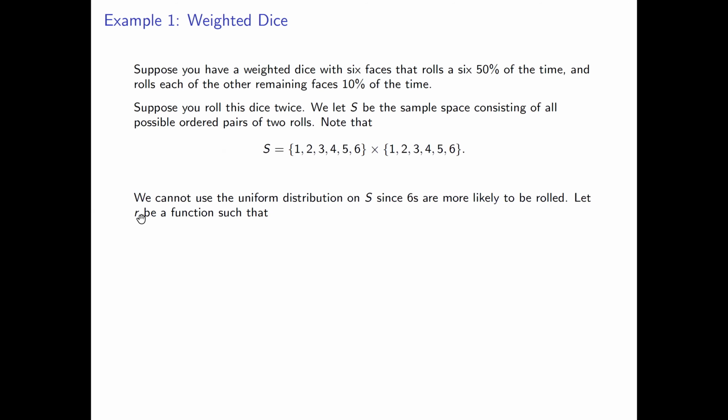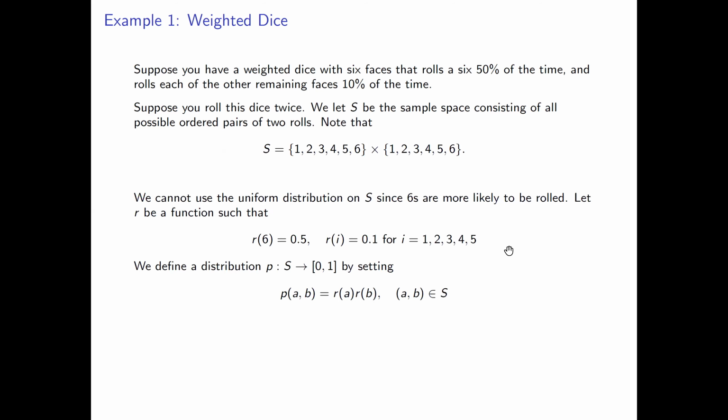First I'm going to define a distribution not on all of S, but just on one of the components of the Cartesian product. I'm going to let R be that distribution. I'll define R of 6 to be 0.5, which gives the odds of rolling a 6. Then for each other i between 1 and 5, I'll define R of i to be 0.1, which gives the odds of rolling each of those individual faces.